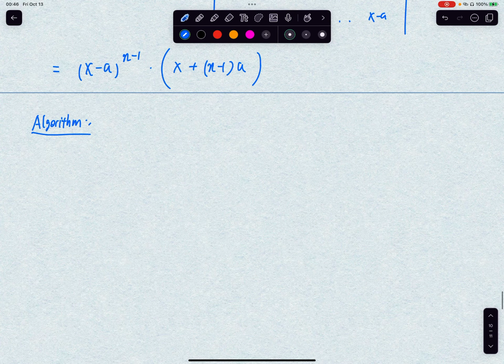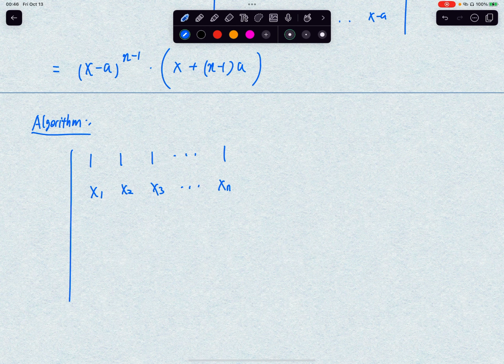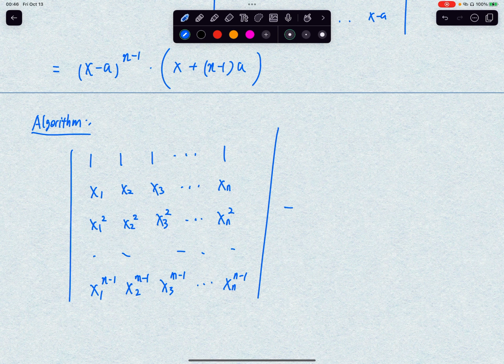It is the determinant of the form with rows 1, 1, 1, 1; x1, x2, x3 to xn; x1 squared, x2 squared, x3 squared, xn squared; up to x1 to the n minus 1, x2 to the n minus 1, x3 to the n minus 1, and xn to the n minus 1. The result is given by this formula.